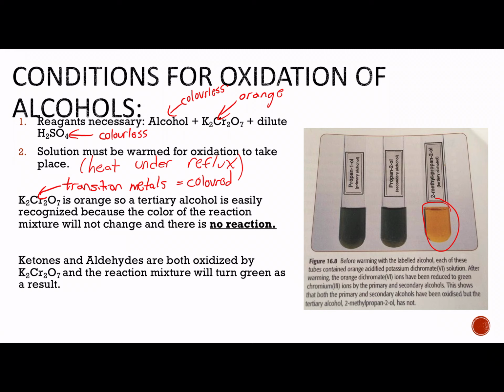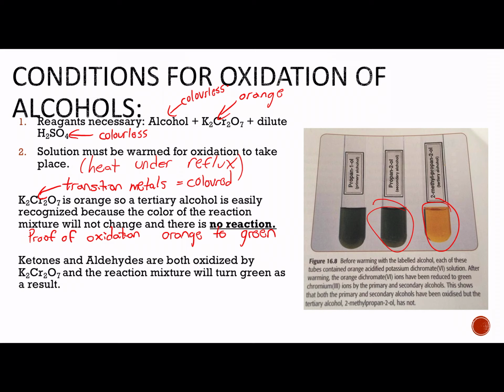And so the color will turn from orange to green, to dark green, if it's been reduced. And you do need to know that proof of oxidation with Cr2O7 is a change of orange to green. You should write that down in your notes because you'll get a lot of questions, especially in paper 1, that ask about color.